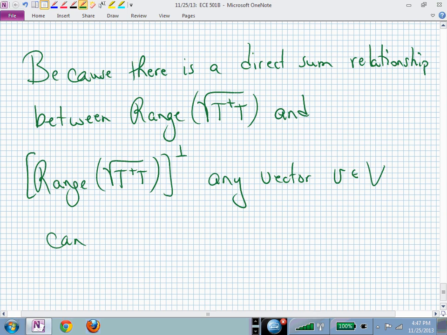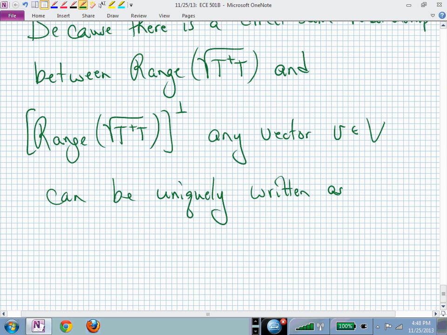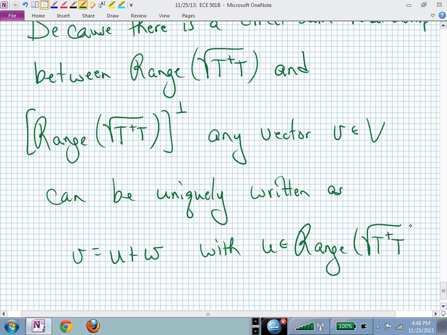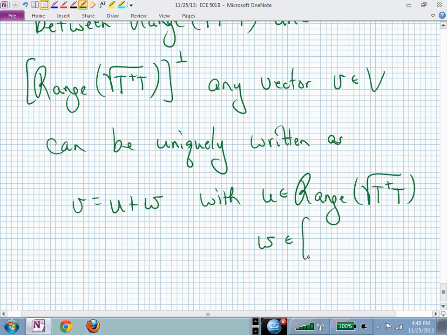Any vector V can be uniquely, that's the nice part about the direct sum decomposition, written as V equals U plus W, with U belonging to the range space of the positive square root of T dagger T, and W in the orthogonal complement to that.